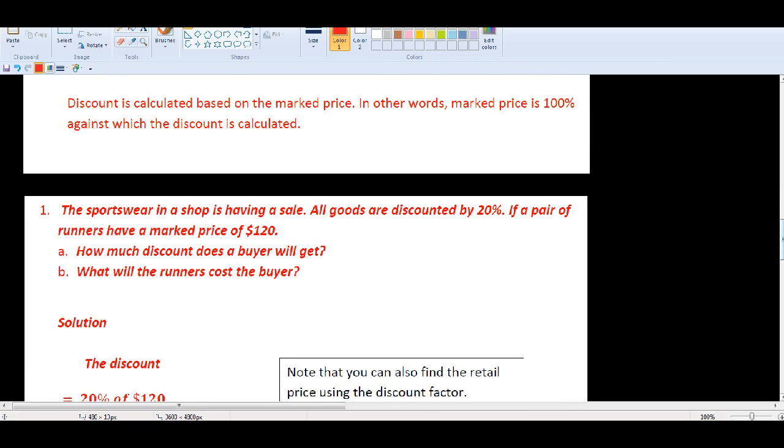Discount is calculated based on the mark price. So you treat the mark price as 100%, against which the discount is calculated. So when we say 20% off, or 20% discount, that means the retail price will be 80% of the mark price.